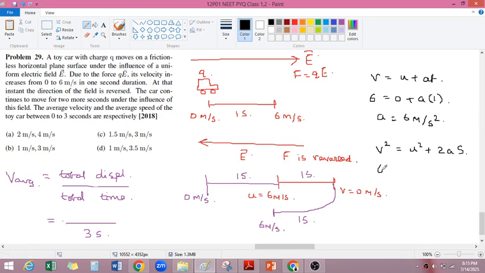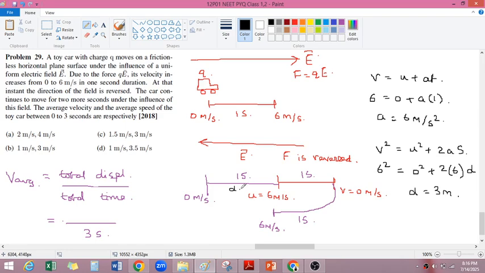V is 6 square, U is 0 square, 2A is 6, and displacement is what I want. Let's call this distance displacement d. So this will be 36, 6 into 6, over 2 into 6. 6 and 6 will cancel, 6 and 2 will cancel. So it will become 3 meters.